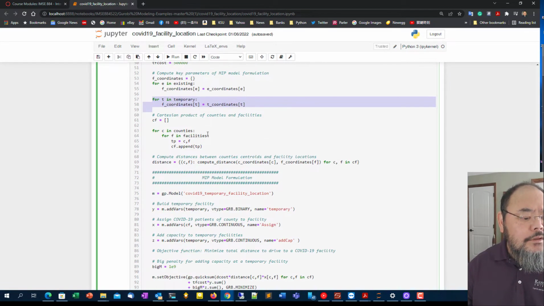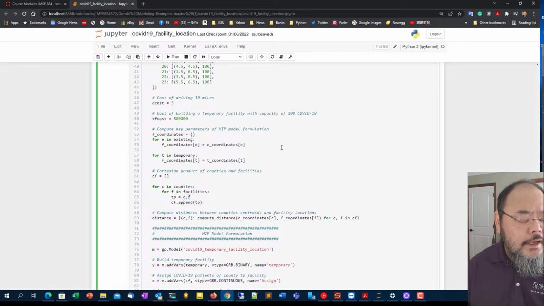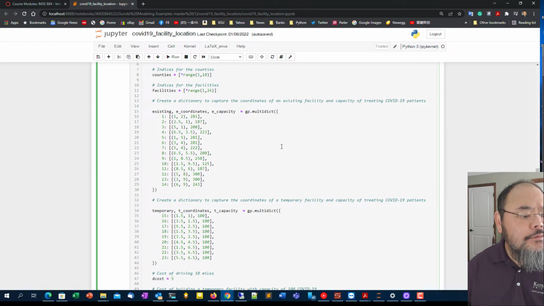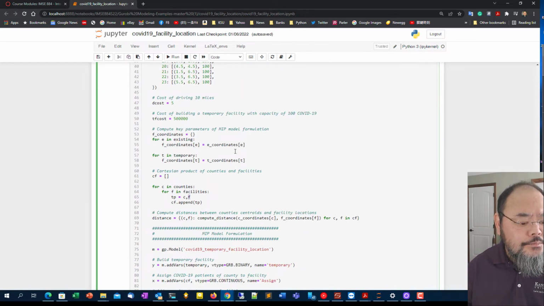So it's a pair of C for county and F for facility, where facility ranges from 1 to 23. County is from 1 to 9, so I have 9 different counties, 8 different counties, I'm sorry.